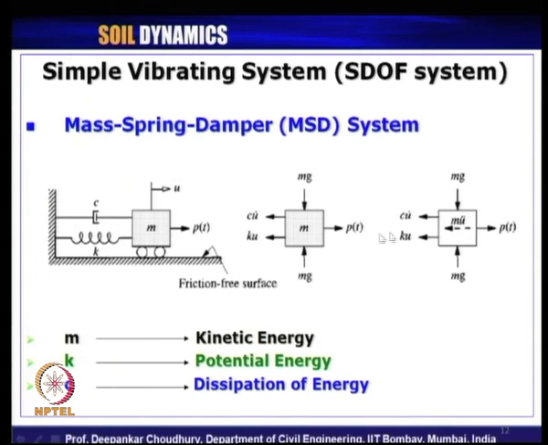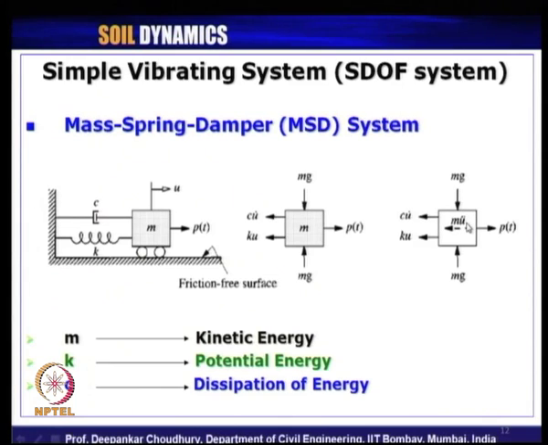Within the mass, as it is prompted to act under the dynamic load in this direction, there will be a self resistance developed within the mass itself, which is called the inertia force. The inertia force will be nothing but mass times acceleration. So, acceleration is u double dot.